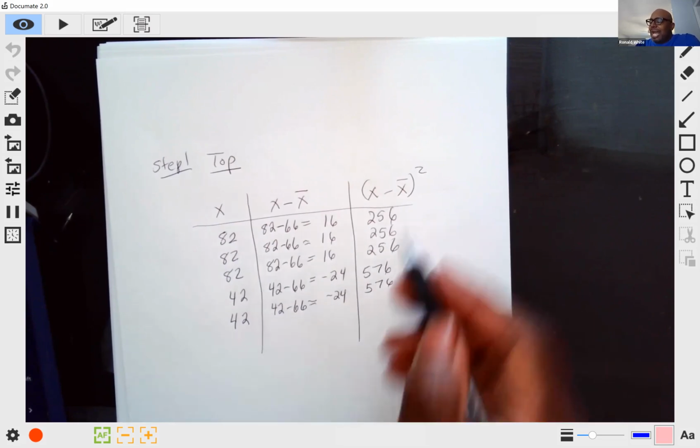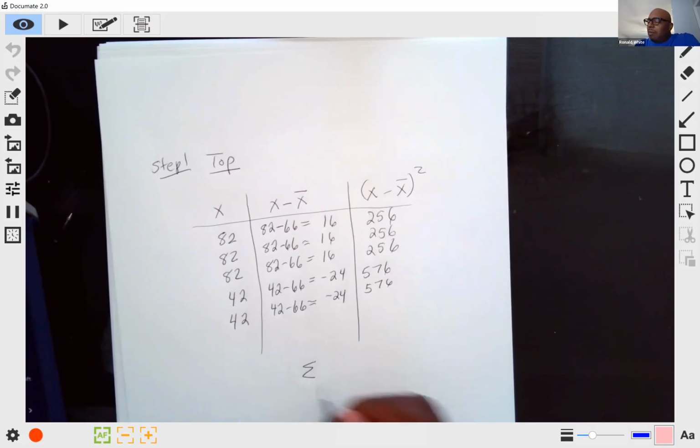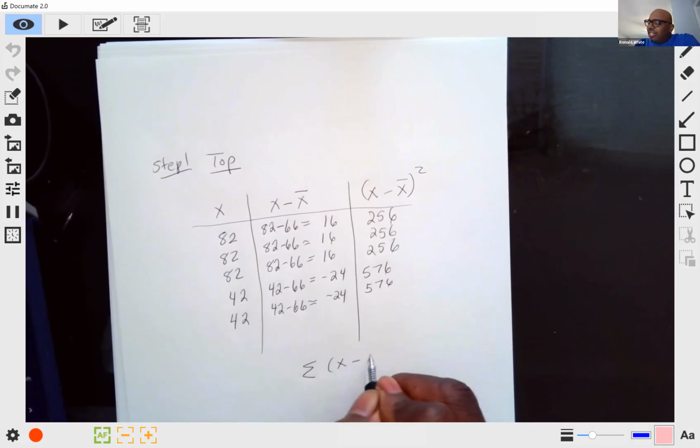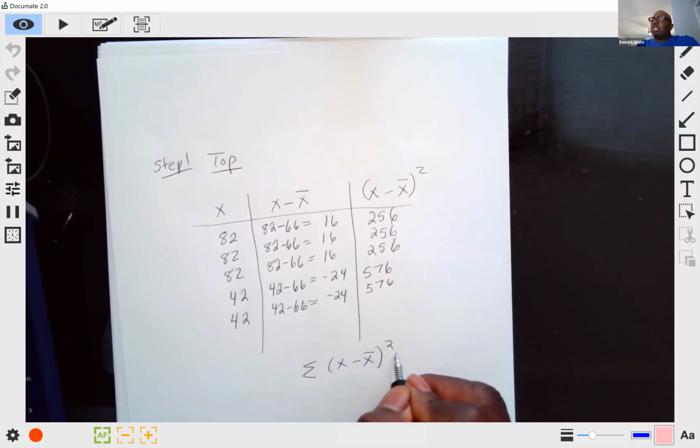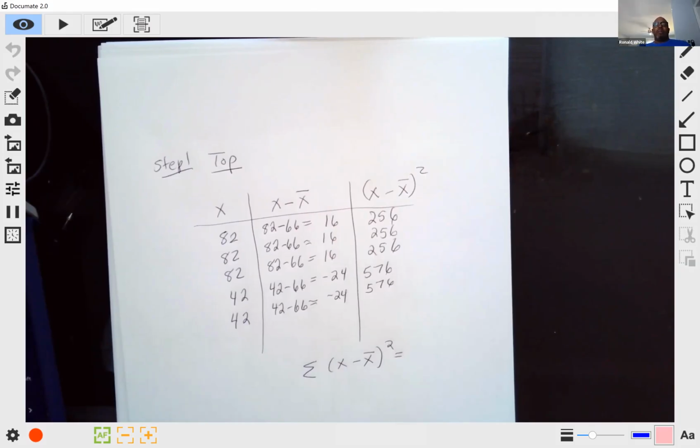So this last column, the sum of the square deviations or sum of the square differences would be, let me add it up, 256 plus 256 plus 256 plus 576 plus 576, and that is 1,920.